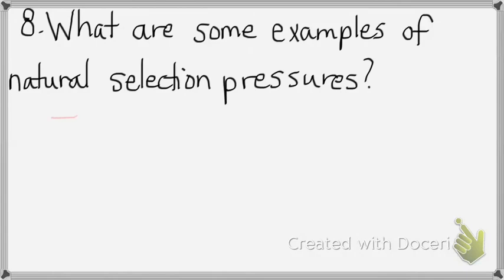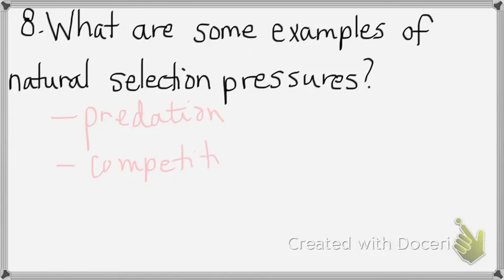Okay, examples of natural selection pressures. I'm going to get us started. Natural selection pressures could be things like predation. What does predation mean? High amount of predators. In other words, a lot of pressure for being eaten. Yeah, you're going to become prey. Predation is a very strong natural selection pressure. What are some others? Competition, like competition for food, competition for resources, competition for mates.